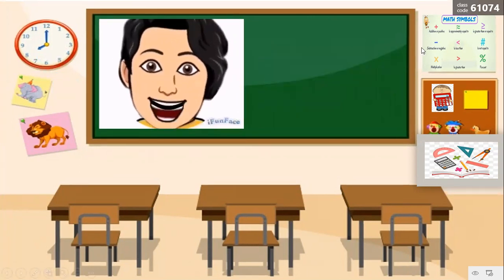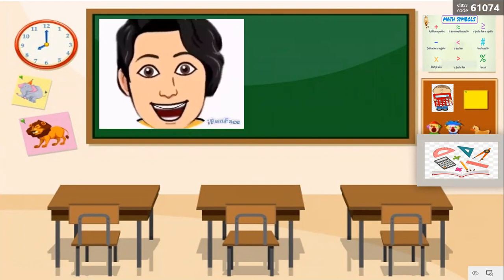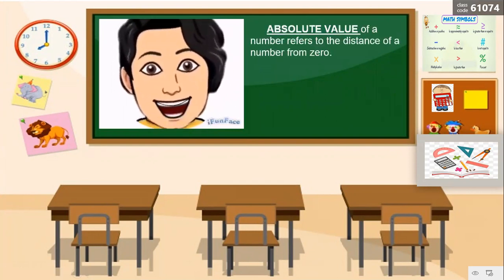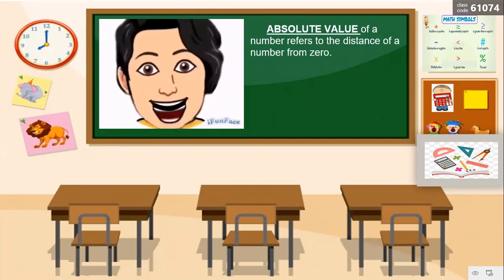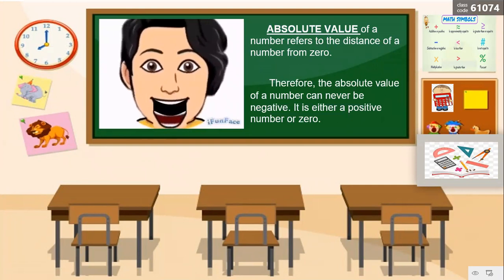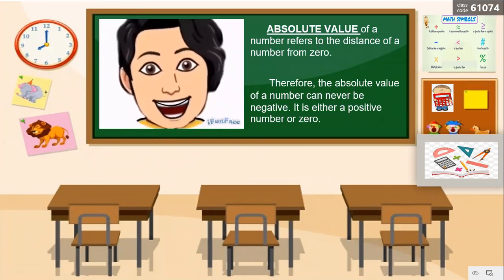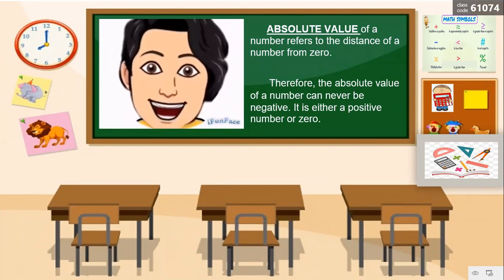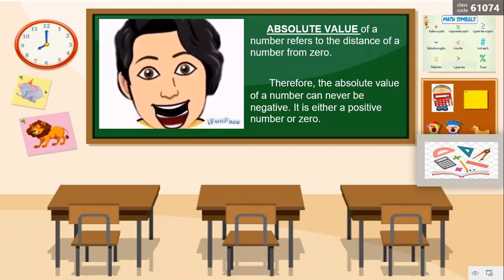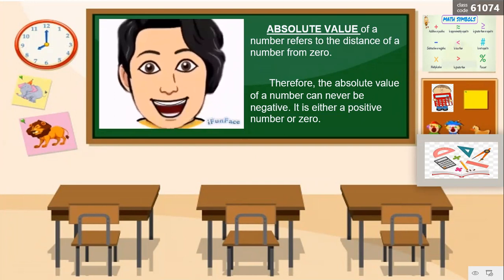What is absolute value? Absolute value of a number refers to the distance of a number from 0. Therefore, the absolute value of a number can never be negative. It is either a positive number or 0. Did you recall that? Very good.